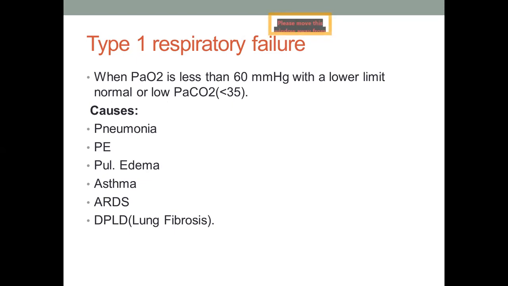It means that in type 1 respiratory failure, carbon dioxide level will be less than 35 millimeter of mercury, because the patient will be tachypneic and will wash out carbon dioxide. If the respiratory failure is mild and the patient is not so much tachypneic, the CO2 level will be in the lower limit of normal.